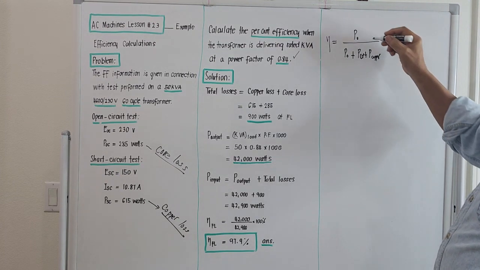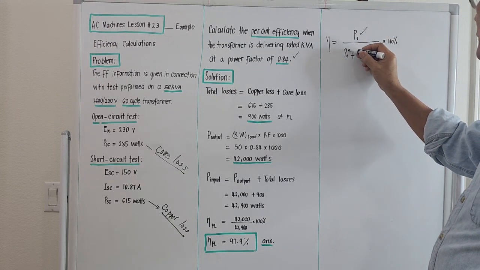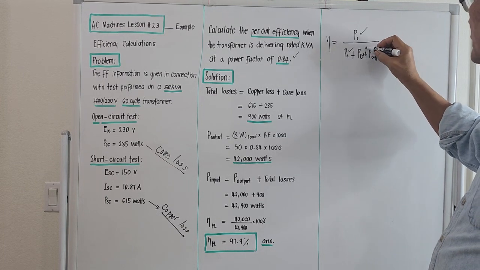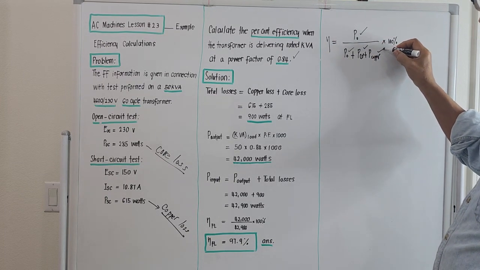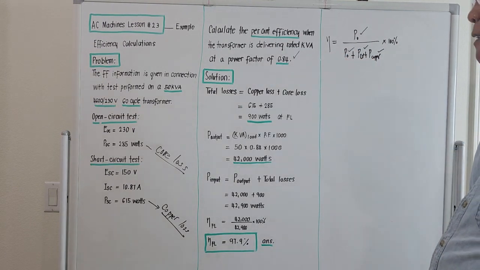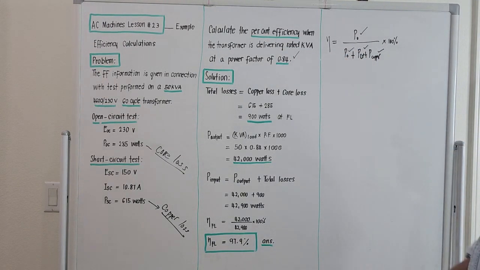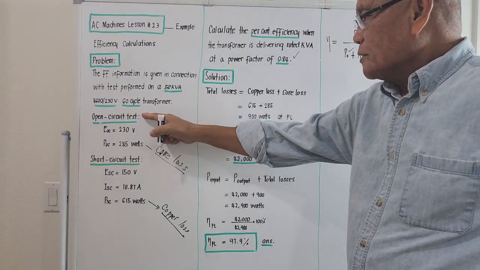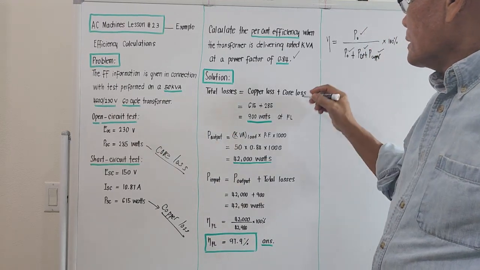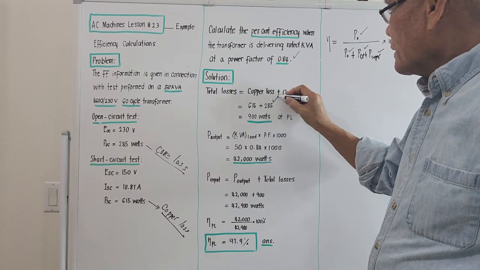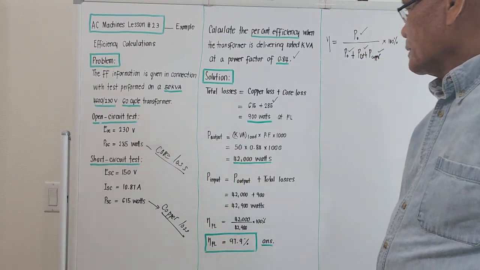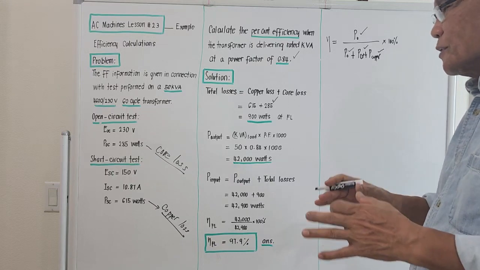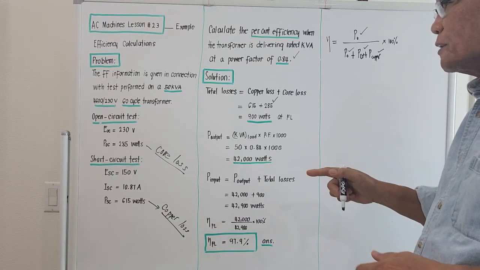So if we could identify the power output, and we could identify the core loss plus the copper loss, we could compute for the efficiency. I think the core loss is now given, because the wattmeter reading during the open circuit test is actually the core loss. The core loss is actually 285. So if you do not know the open circuit test parameters, you could not identify the core loss.